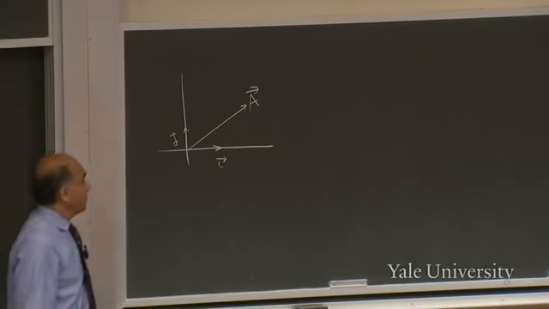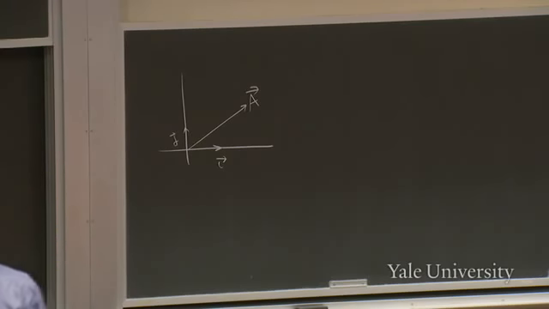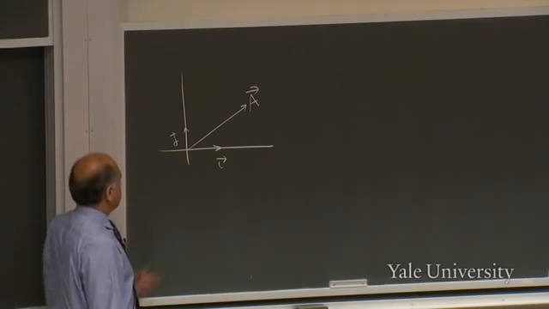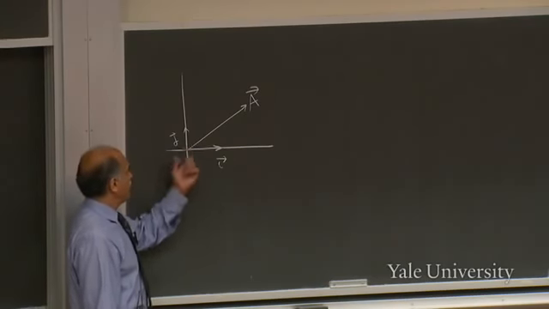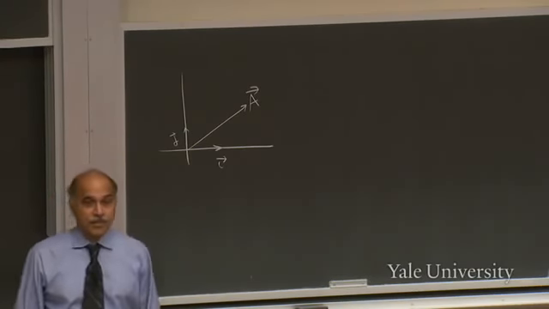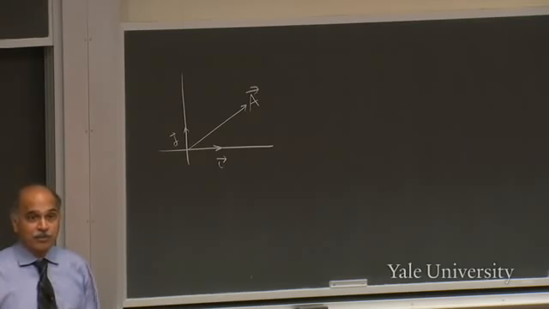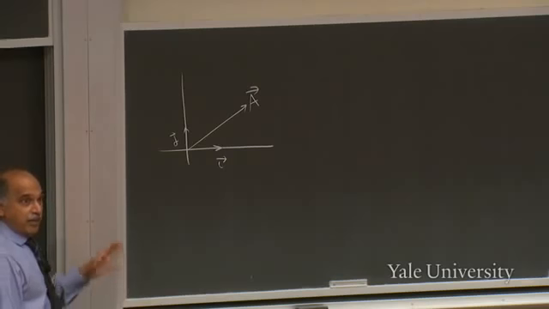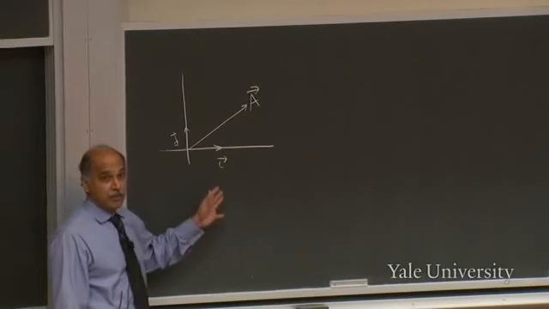So i and j are vectors of length 1 pointing along x and y. The claim is I can write any vector you give me as a rescaled i plus a rescaled j. There's nothing you can throw at me that I cannot handle with some multiple of i and some multiple of j. Now, it's intuitively clear, but I will just prove it beyond any doubt.